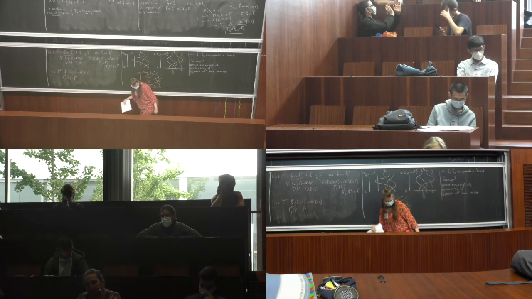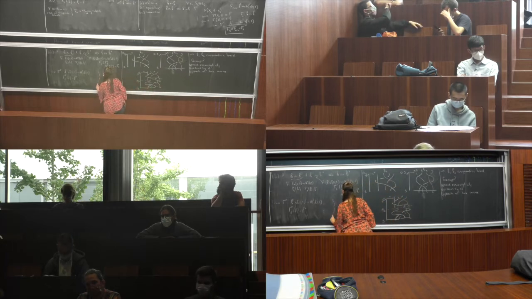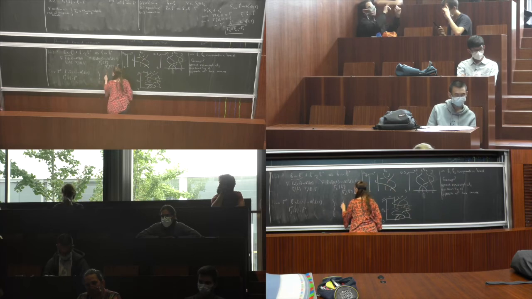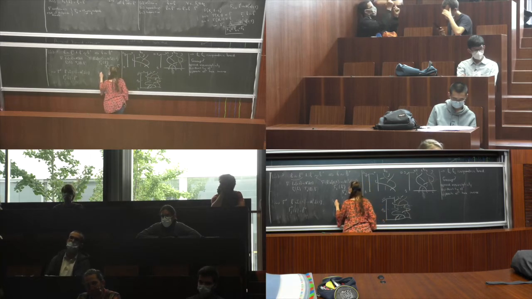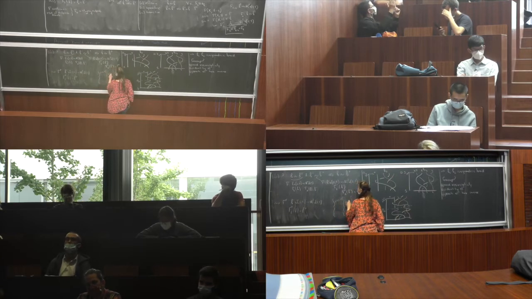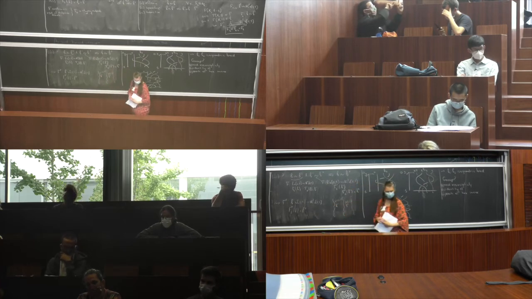So I'll have B, I'll have B prime, B second. Here s will be between 0 and 1, following F, F prime.